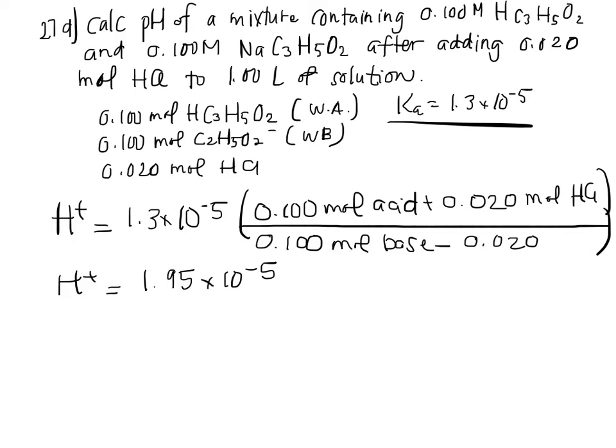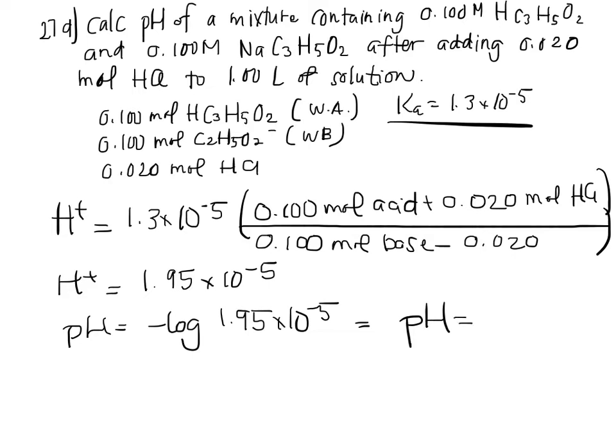You can easily convert your H plus concentration to your pH by taking the negative log of 1.95 times 10 to the negative 5, and that's going to equal a pH of... Are you doing it with me? It helps out more if you do it with me. pH equals 4.71.